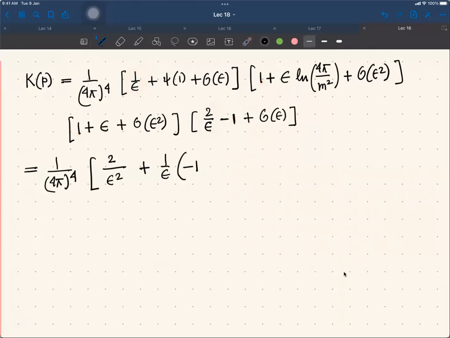Then you can have 1 over epsilon times epsilon times 4 pi by... okay, so let me do it in parts.